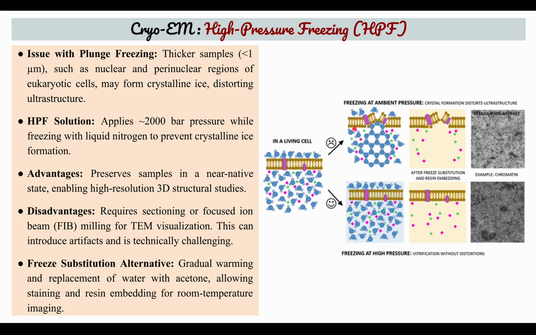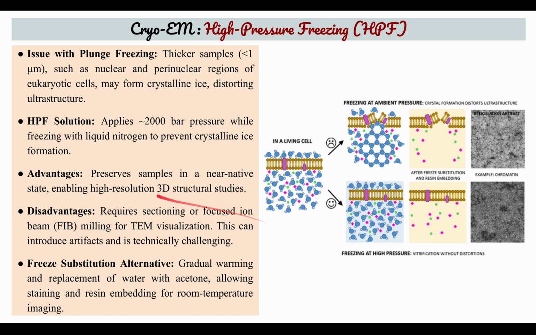So in this case, if you freeze at ambient pressure, then crystals can still form, and this can disturb the ultrastructures such as these membranes. Whereas if we perform the vitrification at high pressure, then no crystal structures are formed, and in this way the membrane or the ultrastructures are also properly maintained.